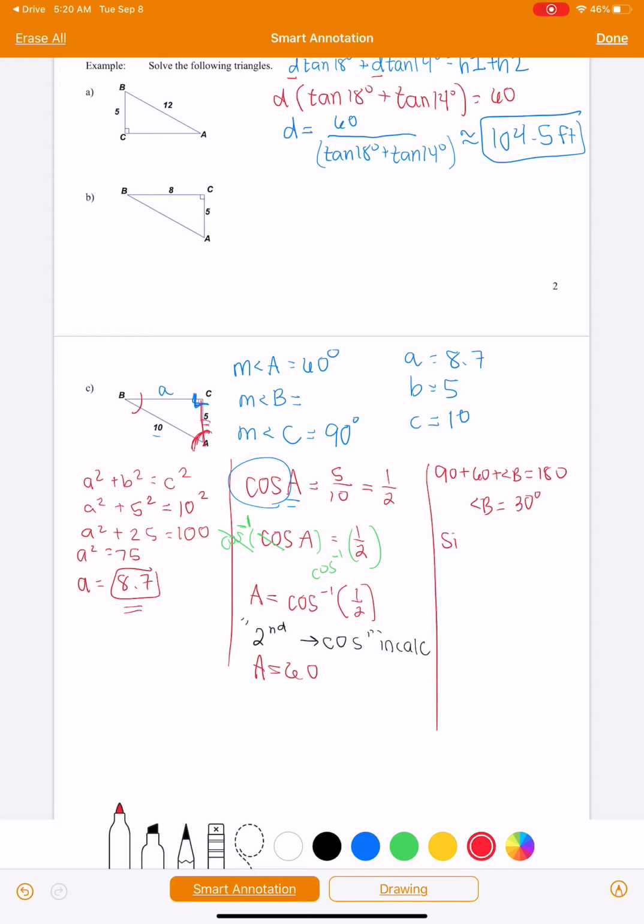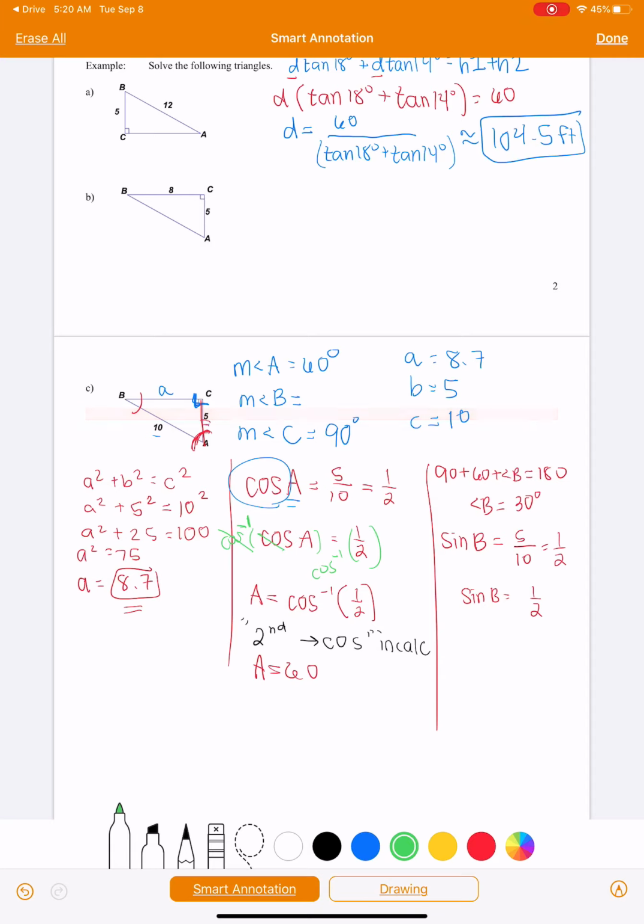All right, so sine of angle B is equal to opposite of angle B, which is that side length 5, over the hypotenuse, which is 10. So again, we have 1/2. All right, so sine B is equal to 1/2.